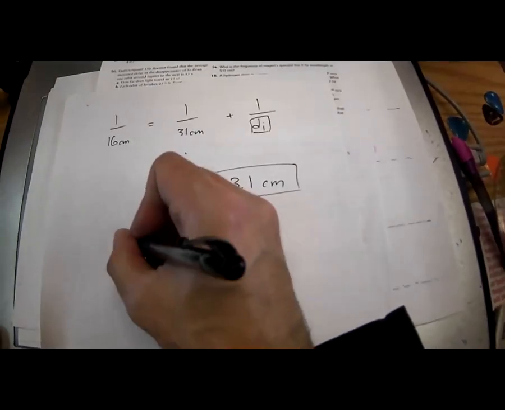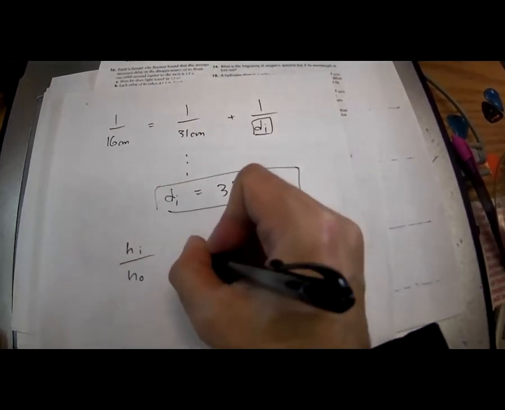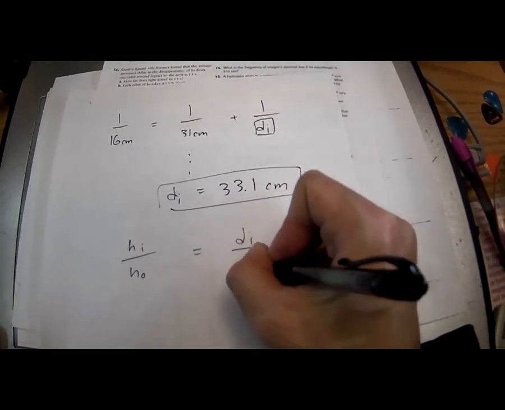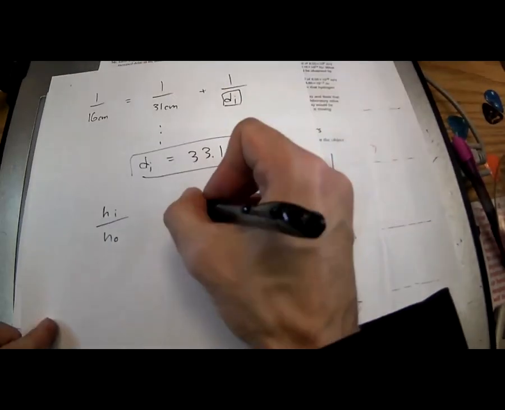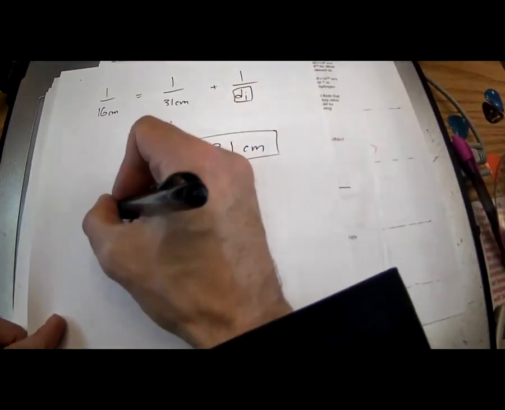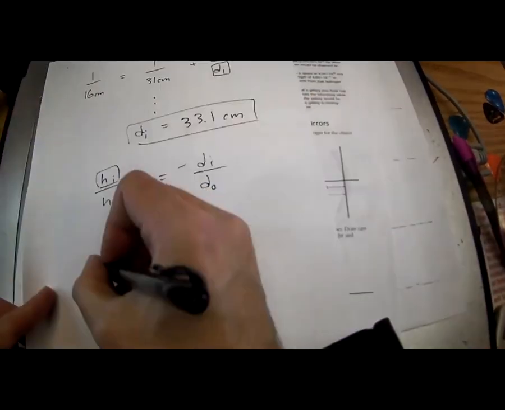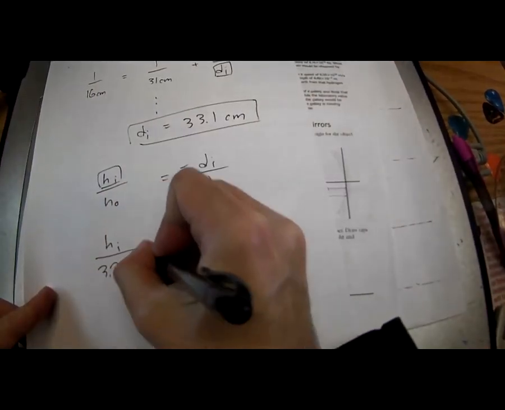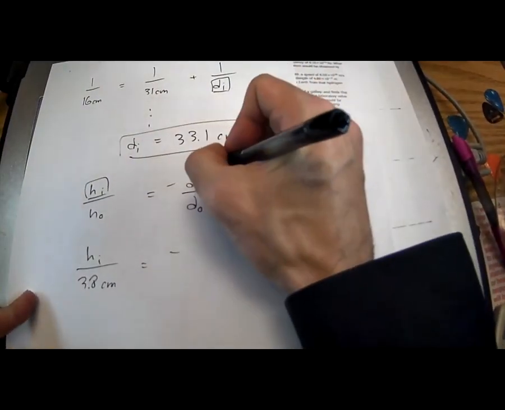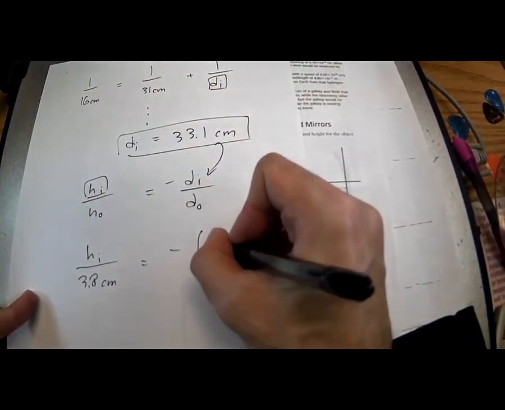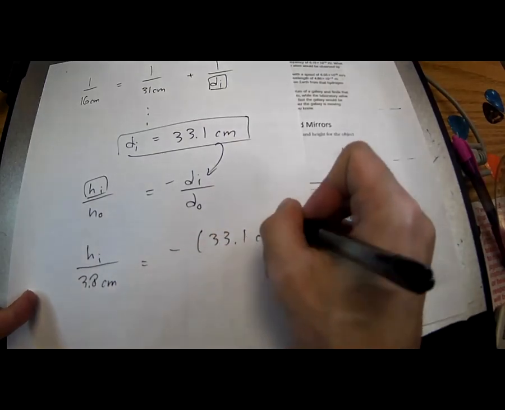And if you want to do h_i over h_o equals d_i over d_o, let's do that real fast. It should be an inverted real image, so negative. Let's figure out what this is. The original object was 3.8 centimeters. The image was at this location, that feeds in right there, positive 33.1 centimeters.